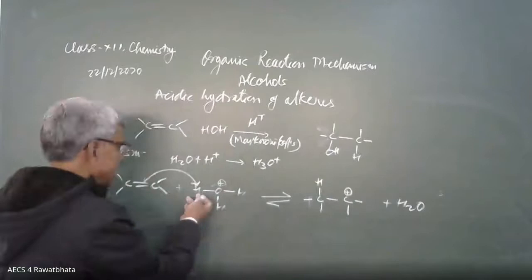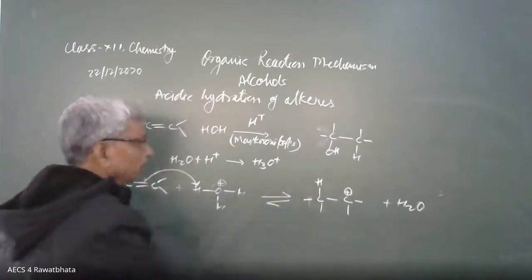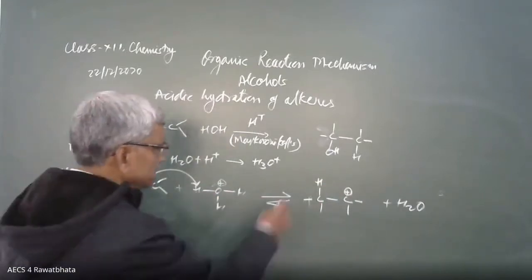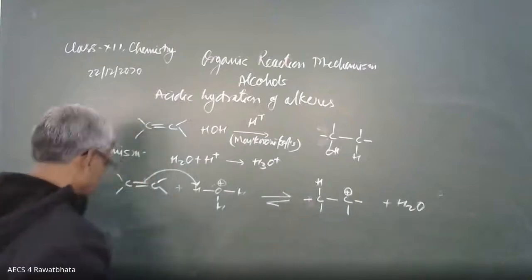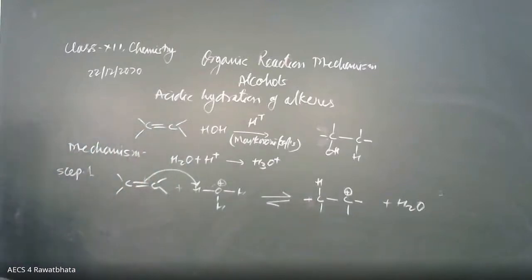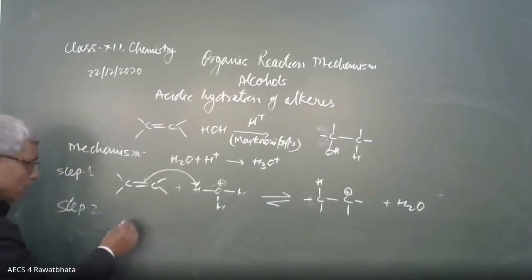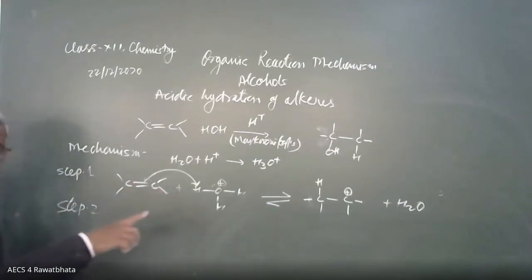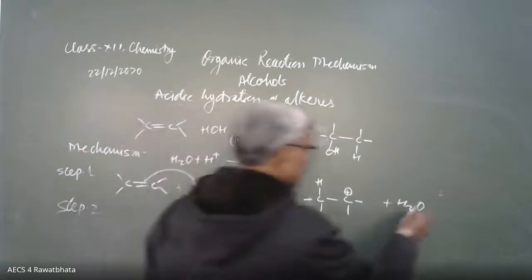After leaving this H, it comes out in the form of H2O. This is step one, the first step. Three steps are there. This is the carbocation. This step is called protonation, joining a proton to the alkene.